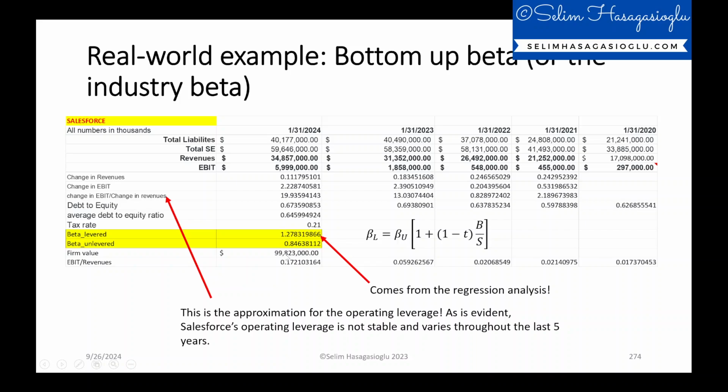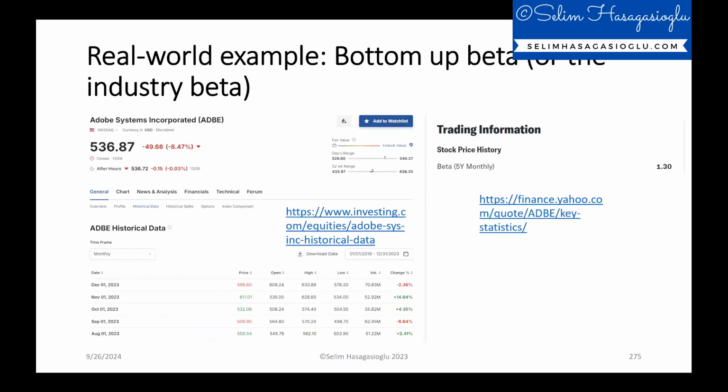This is the book value of the assets of the company. I also calculated EBIT and revenues, but you won't be using them. EBIT and revenues are only used to get an approximation for the operating leverage of the company. And on the next slides, we will be following the same procedure for Adobe and Workday to estimate their levered betas and unlevered betas.